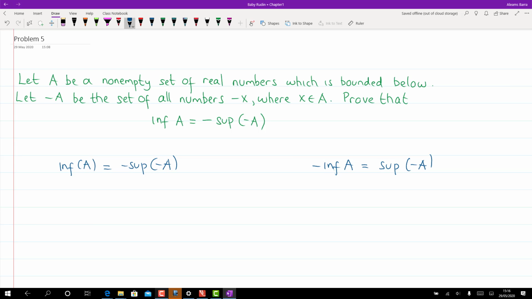So if we want to show the given statement, we can prove either of these two statements. But the reason why I split this into two equations is because I want to emphasize the property of whether it is an infimum on the left hand side or a supremum on the right hand side.